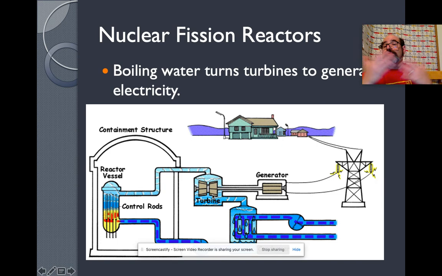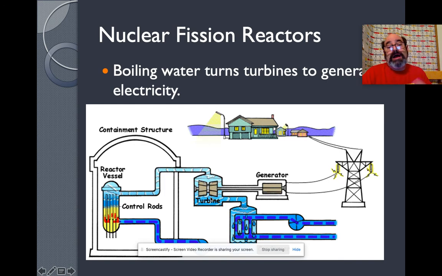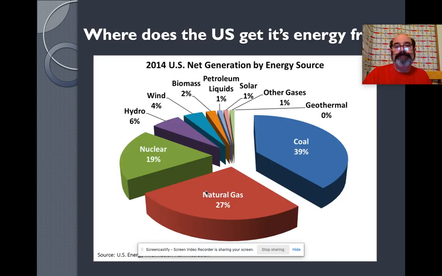But of course, you could also have other things that turn turbines. Like you can have a whole bunch of little mice going on little hamster wheels, and they could generate electricity too, but not on a scale that we need. So hence the nuclear power plant. Now, of course, you can burn other things like coal and oil and gas, but we'll get to that in a minute. And actually, in a minute is right now.